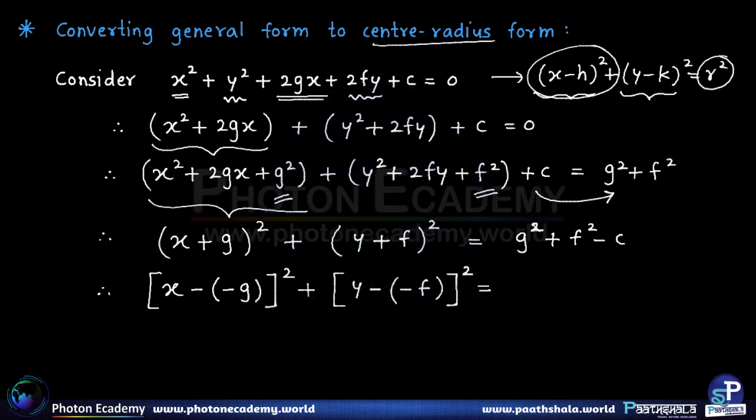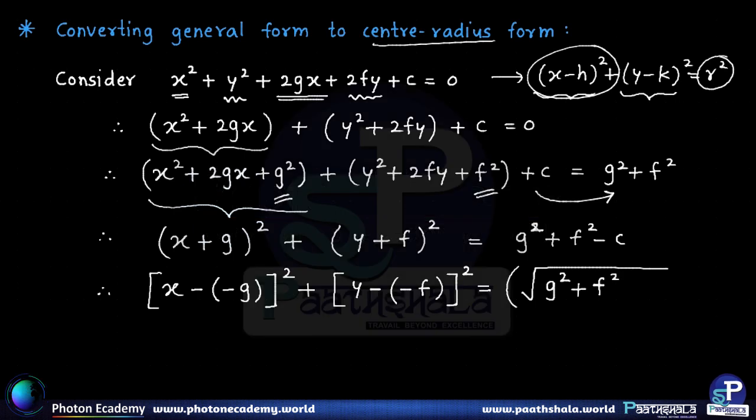So therefore whatever is this particular quantity, that is a square of its own square root. So clearly we can write it as the square root of g square plus f square minus c under root and the whole quantity squared.